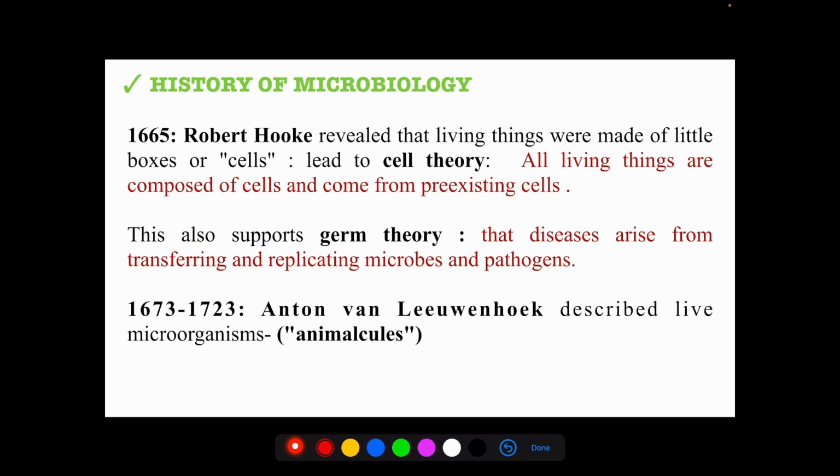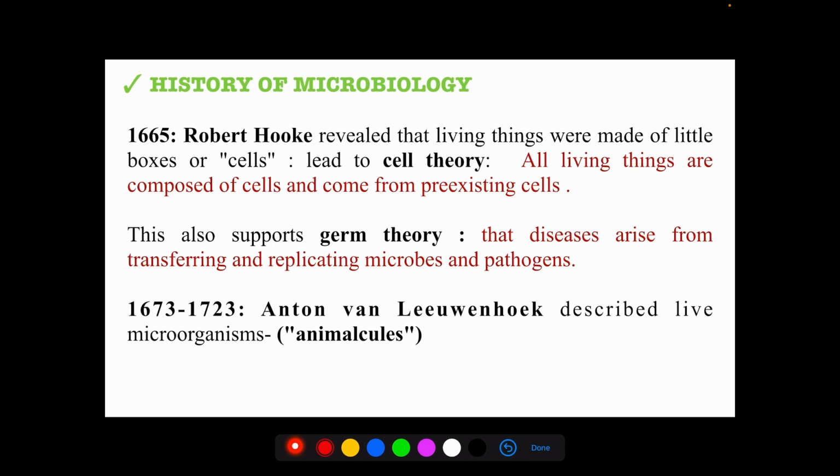And this led to the cell theory. The theory states that all living things are composed of cells and come from pre-existing cells. And this also supports the germ theory, the idea that diseases arise from transferring and replicating microbes and pathogens.